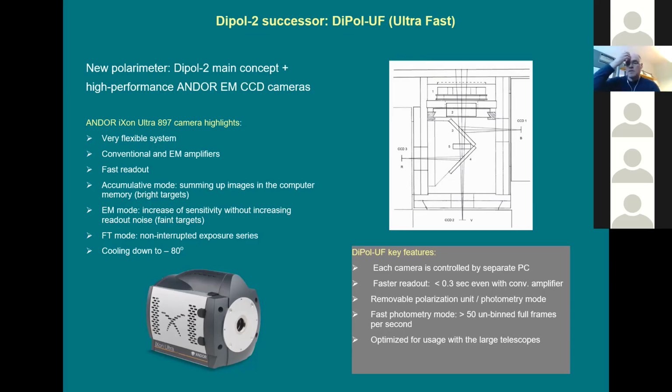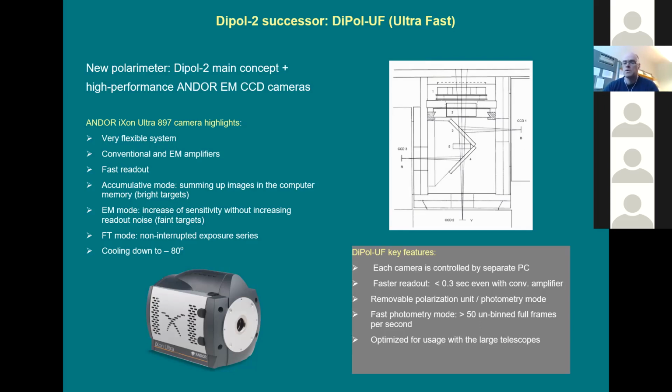The key Dipole UF features are outlined below. Each camera is controlled with a separate mini PC. Even with a conventional amplifier, we have much faster image readout. And the polarization unit is made retractable, so if we want, we can convert our polarimeter into a normal photometer with fast readout.